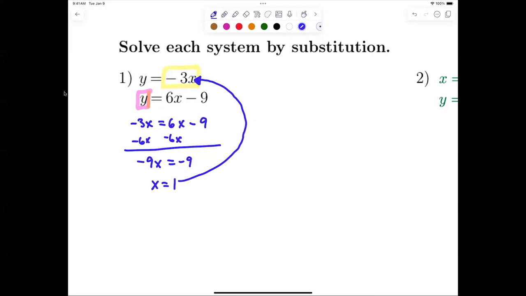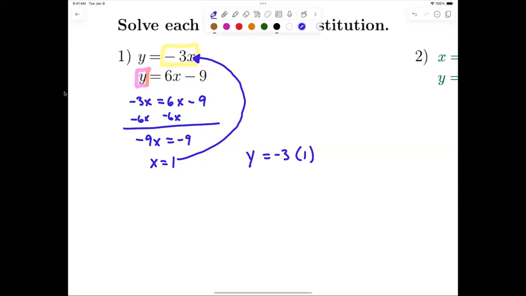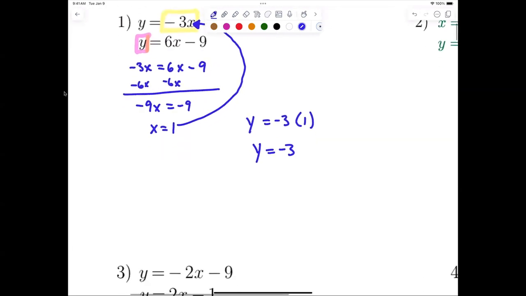Y equals negative 3 times 1. What's negative 3 times 1? Y equals negative 3. So you're trying to find the point of intersection. To find the point of intersection, it is x and then y: 1, comma, negative 3.